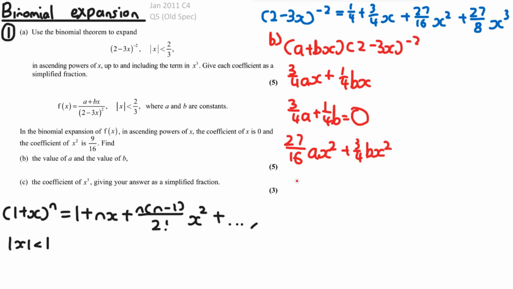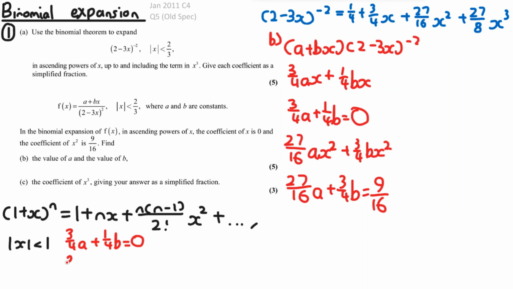So therefore, the coefficients are 27 over 16a plus 3 over 4b, and this is equal to 9 over 16. And now we have a pair of simultaneous equations. We have 3 over 4a plus 1 over 4b is equal to 0, and 27 over 16a plus 3 over 4b is equal to 9 over 16.